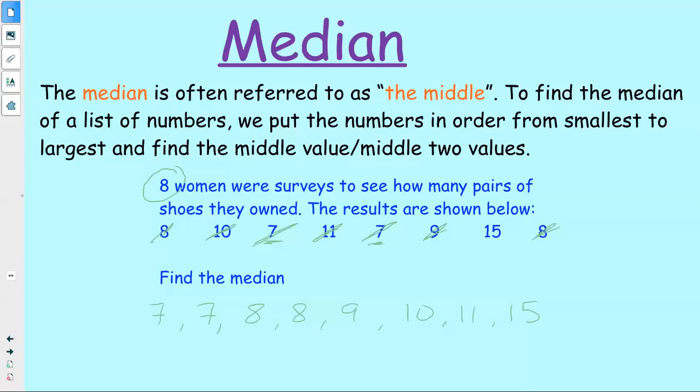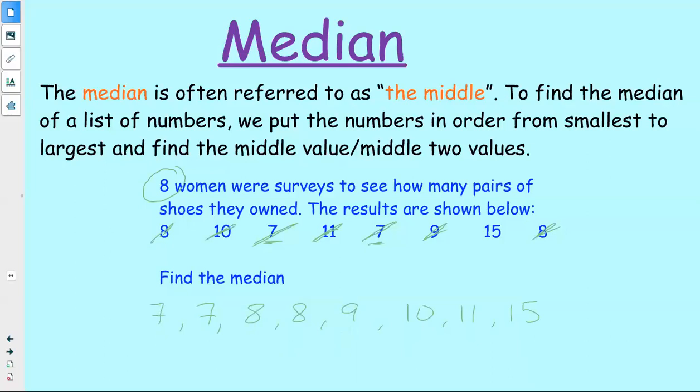So make sure that you count them. 1, 2, 3, 4, 5, 6, 7, 8. So I know I've got 8 values in my new data set that I have ordered. So you know you've not missed out any numbers. That's really, really important. Okay, and then you're really just going to find the middle value of this data set.